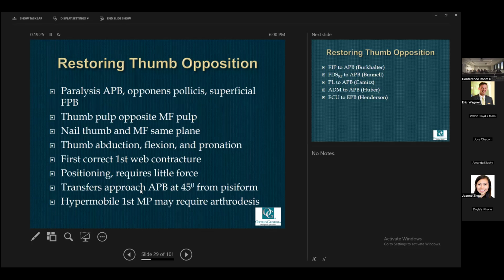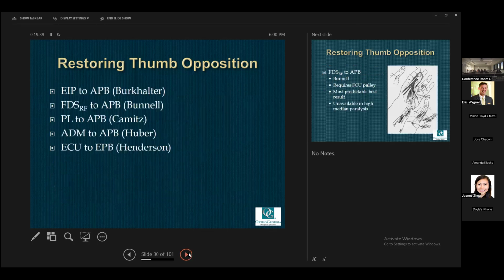The transfers must approach the APB insertion at a 45-degree angle from the pisiform, and a hypermobile first MP joint may require arthrodesis. So these are the standard transfers: EIP to abductor pollicis brevis, the standard Bunnell transfer, ring finger FDS to the abductor pollicis brevis.